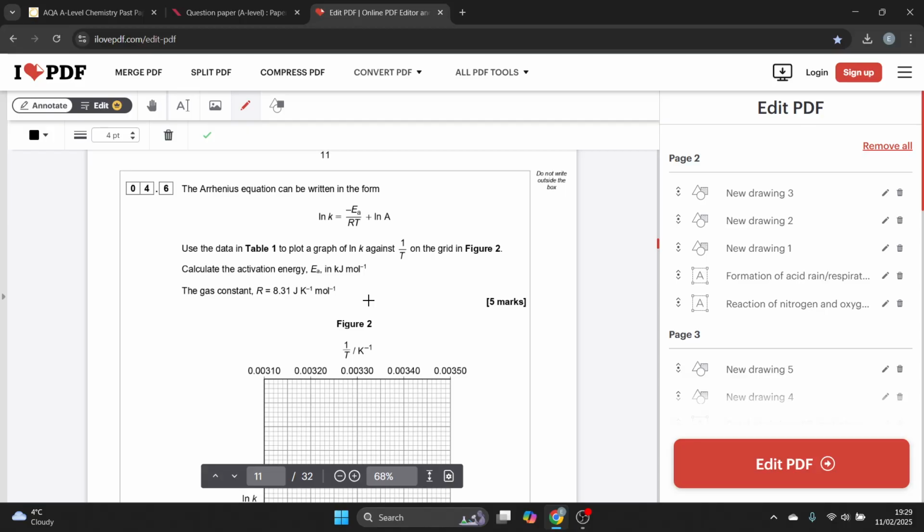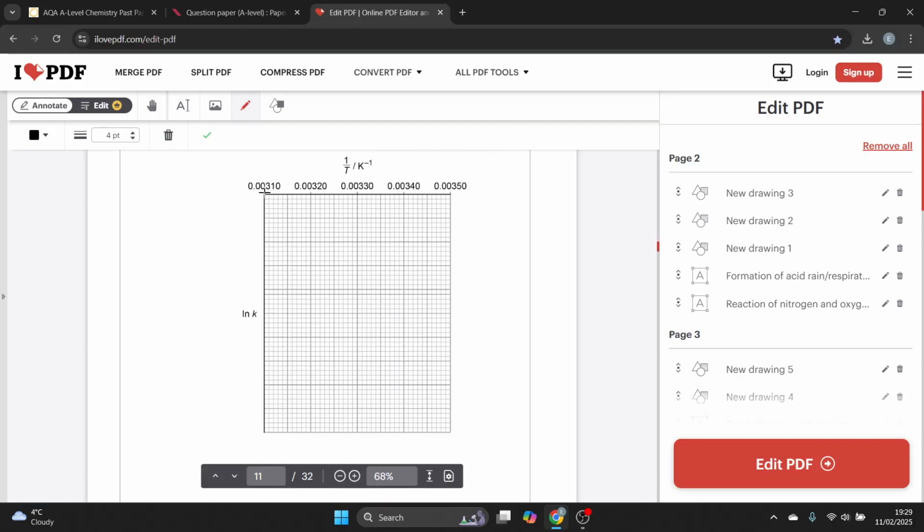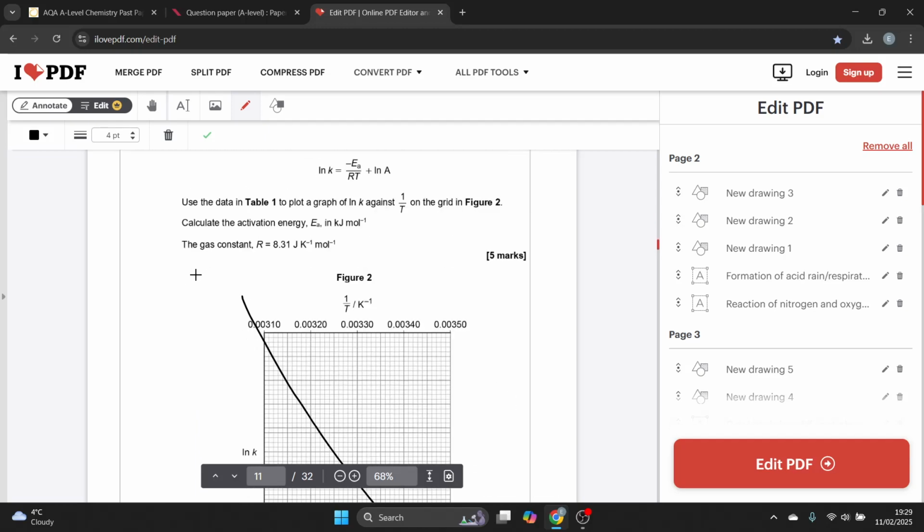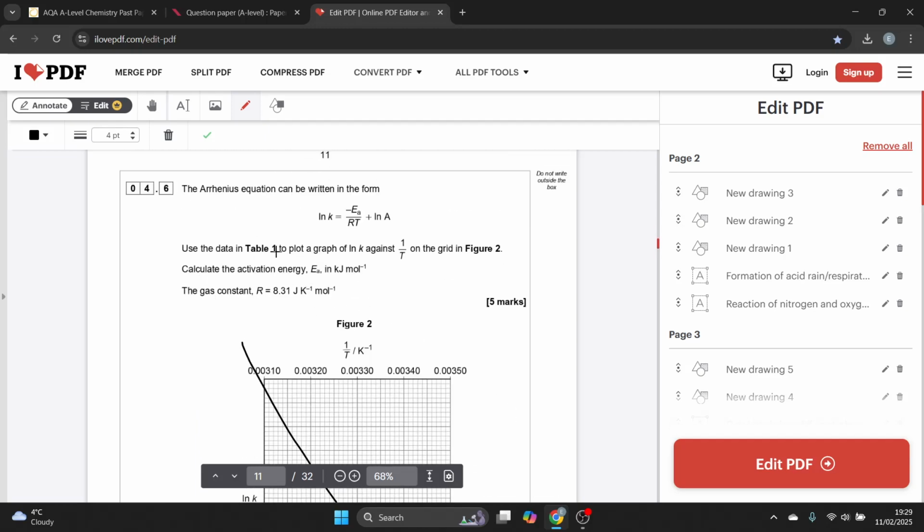Plot a graph: you do need to be able to know that skill, but you should just get something like a straight line like that. Then it says calculate activation energy. So I'm not going to plot the graph, I'll just do a quick sketch from the mark scheme. How do I calculate activation energy?